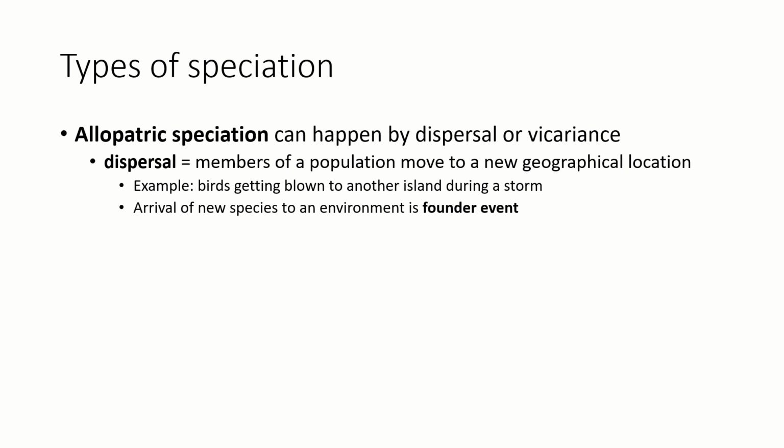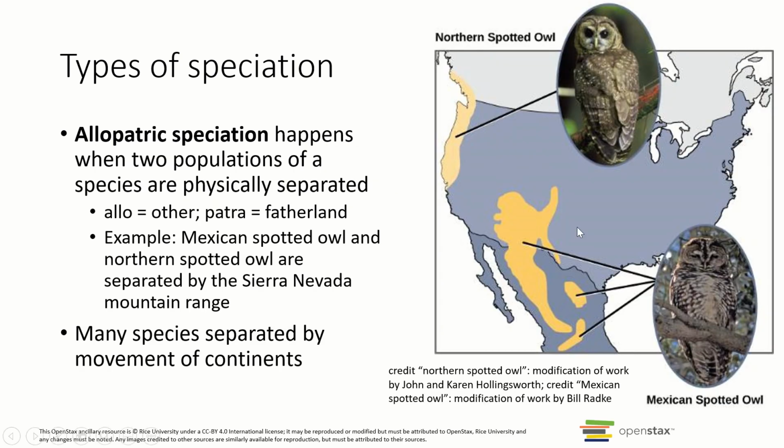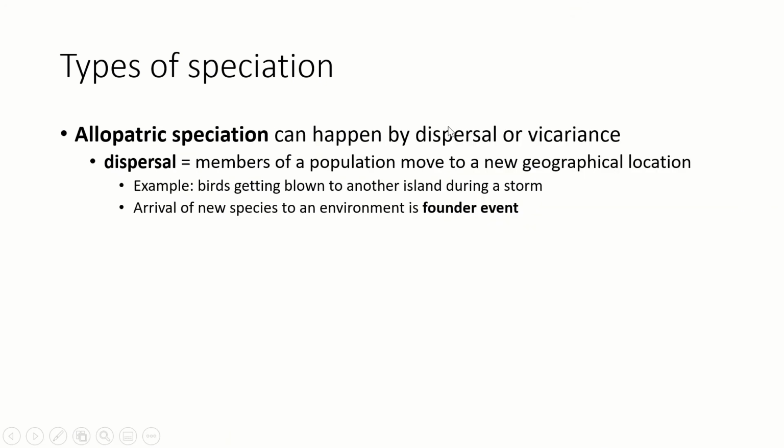So birds getting to an island, or it could even be owls from one of these groups flying and making it to another area and laying eggs there and reproducing there. That could be what happened here. Usually you end up with one population in the new place that has a smaller gene pool because that founder group, that founder event, started with a small number of individuals.